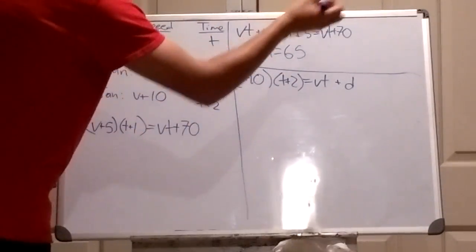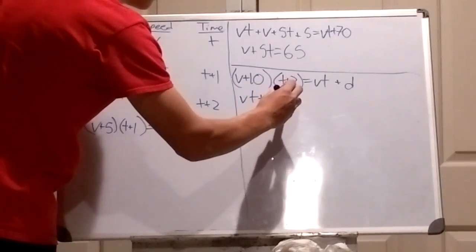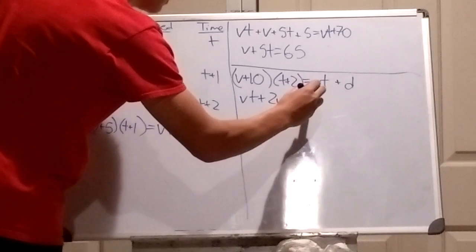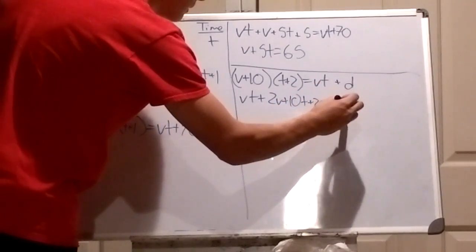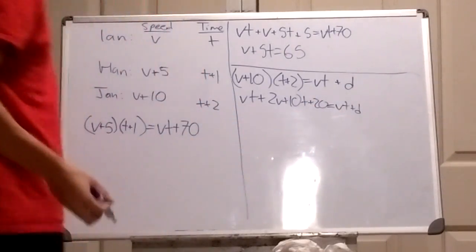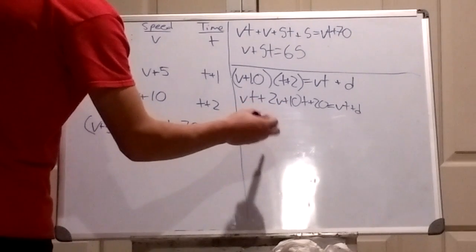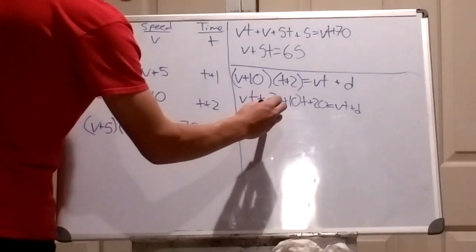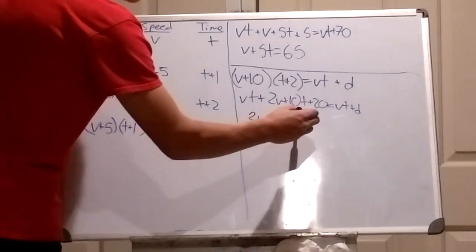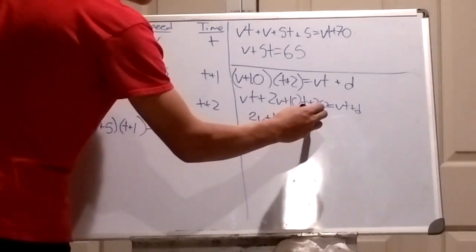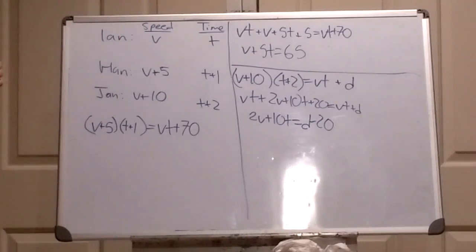factoring everything out, just cross multiplying, vt plus 2v plus 10t plus 20 is equal to vt plus v plus d. Okay, now let's quickly take out all the stuff that we don't need, and we end up getting 2v plus 10t is equal to d minus 20. Now, do you notice something here?